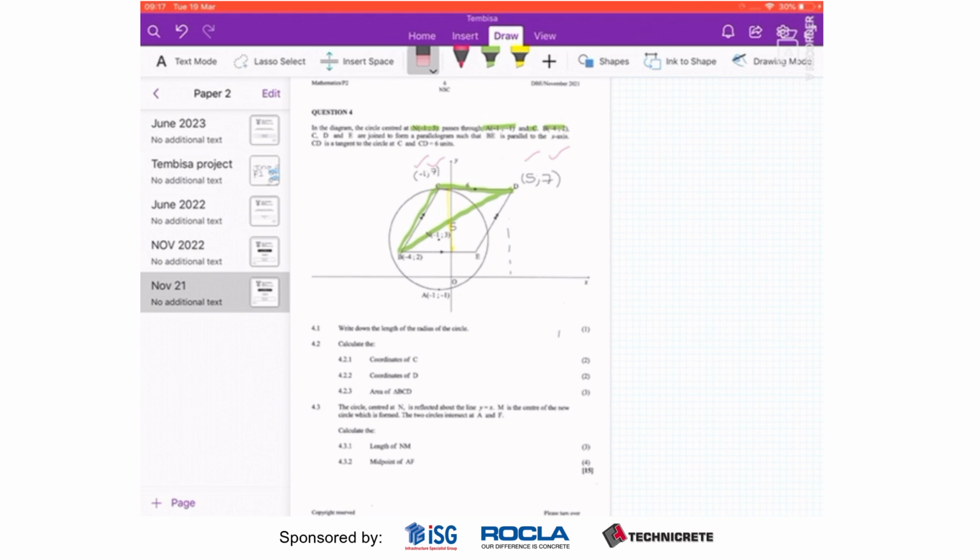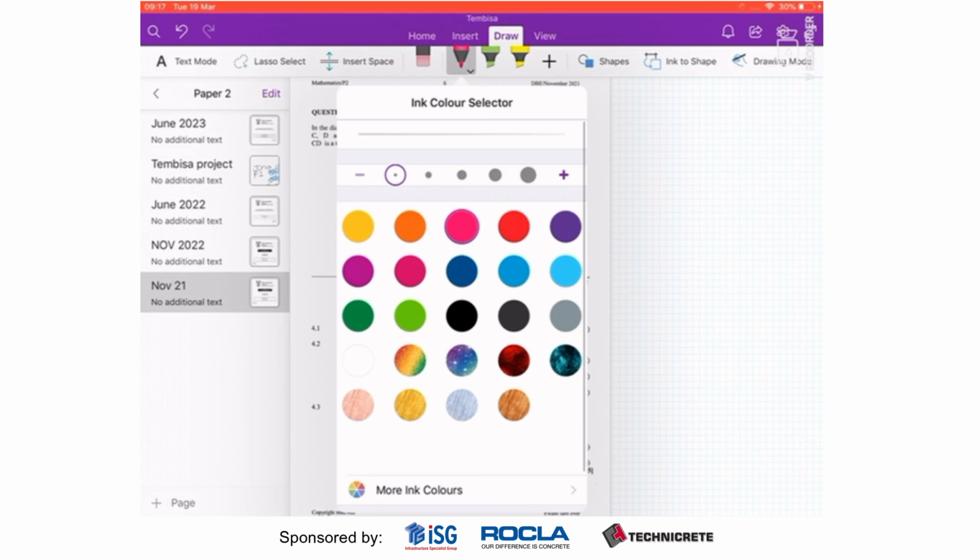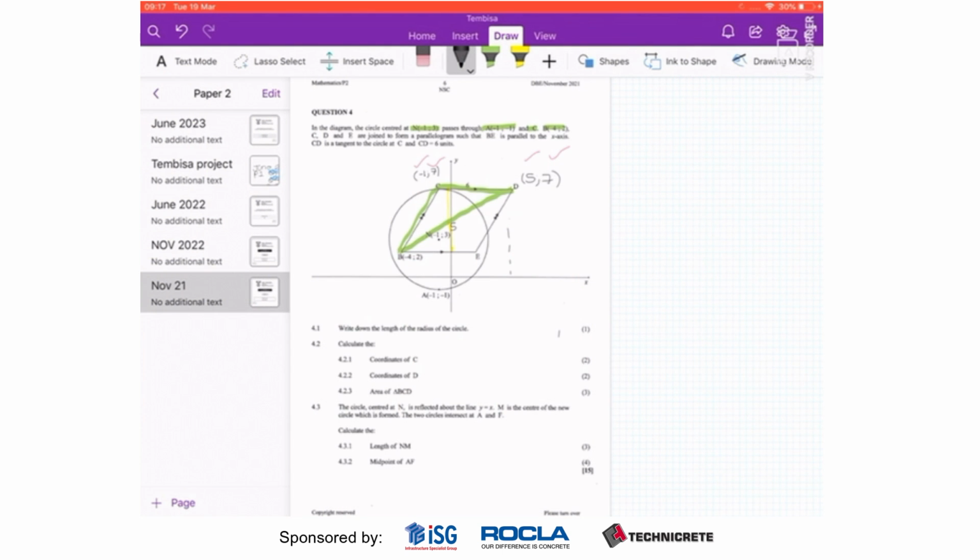Okay, the next question says, a circle centered at N is reflected about the line y is equal to x. M is now the new center which is formed. The 2 circles intersect at A and F. Calculate the length of NM.